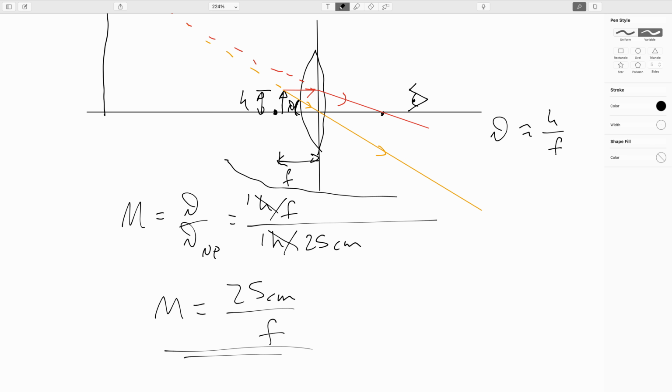Now, as a practical matter, you could keep making magnifications ever greater by using shorter and shorter focal lengths, but once you get to magnifications of about 10, that's a focal length of 2.5 centimeters.